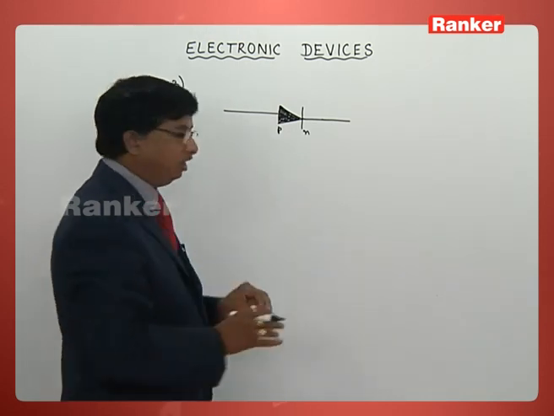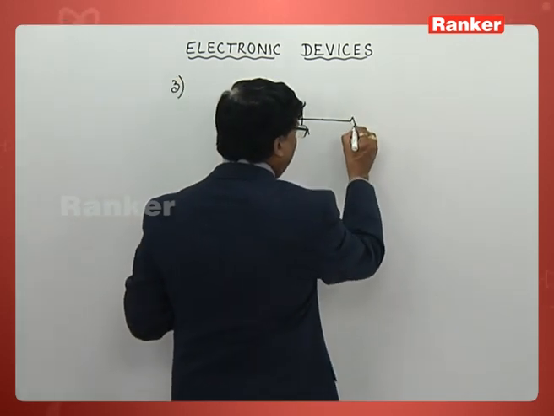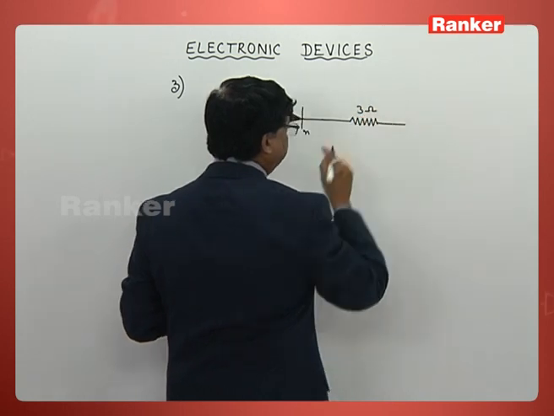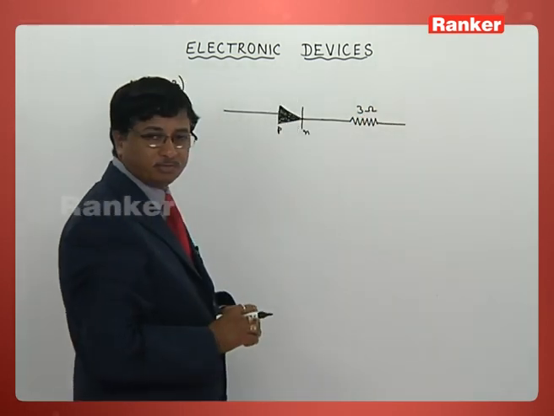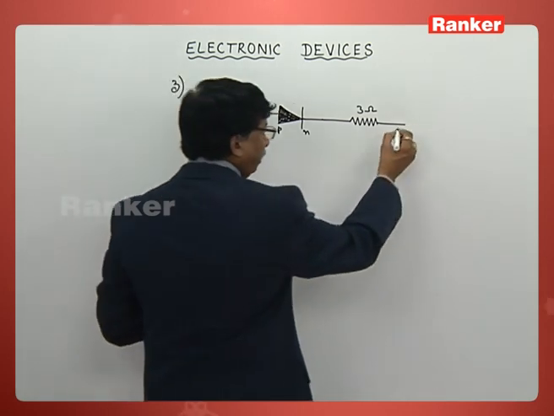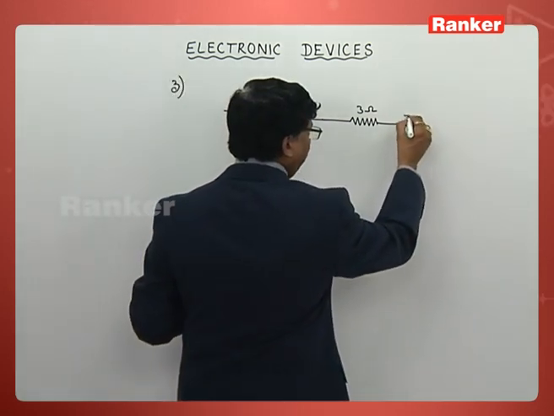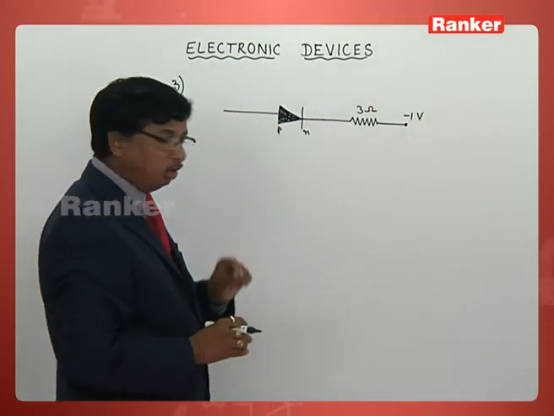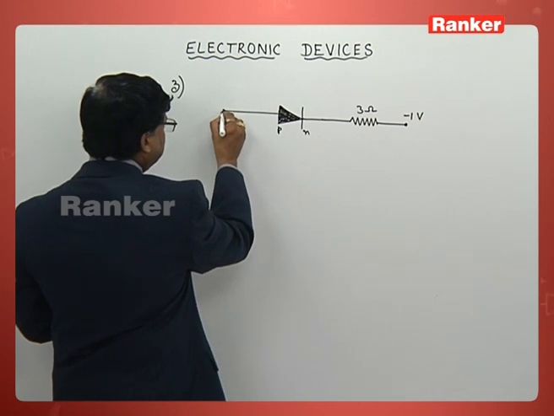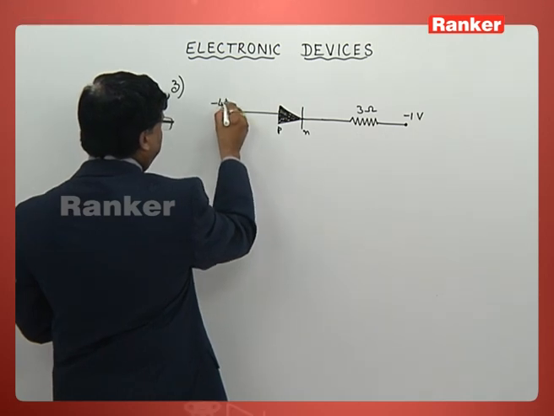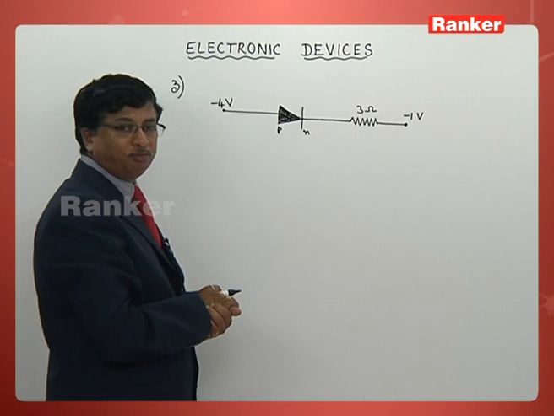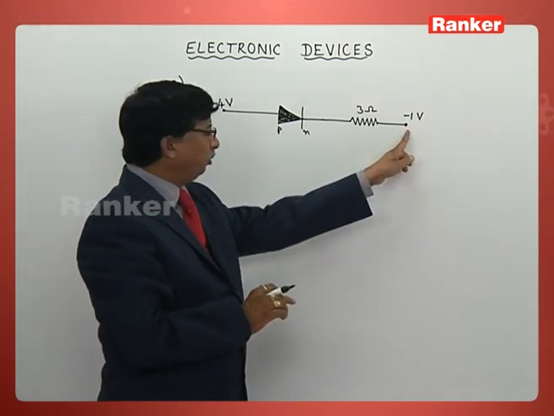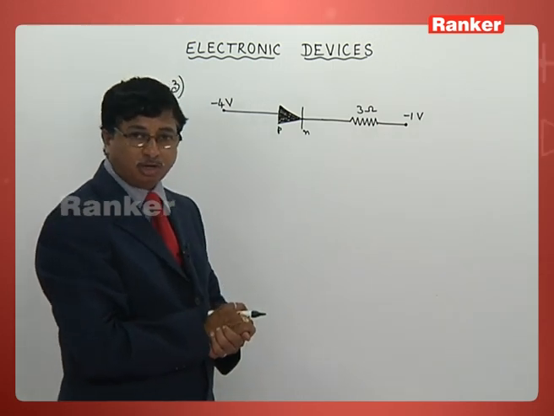What he has mentioned here is, this is now connected to a resistor like this of 3 ohm, and this end, whatever we have, is at a potential of minus 1 volt, and this has got a potential value of minus 4 volt. Observe carefully, this is at a potential minus 1 volt.